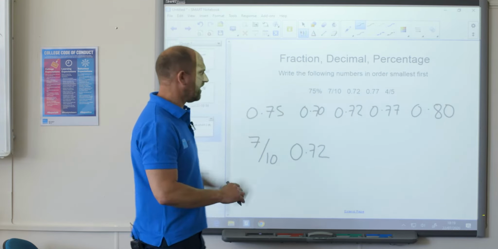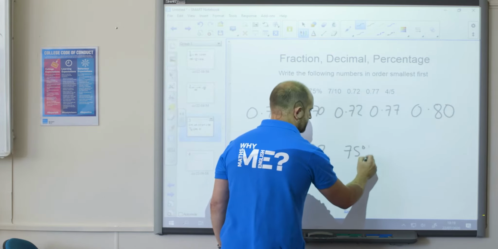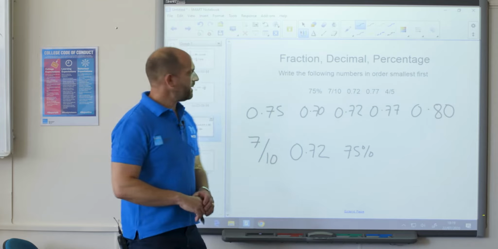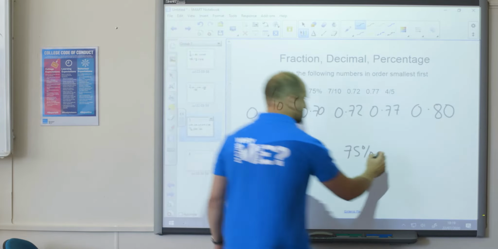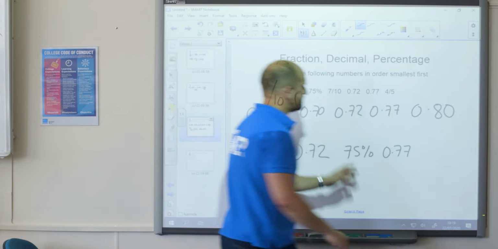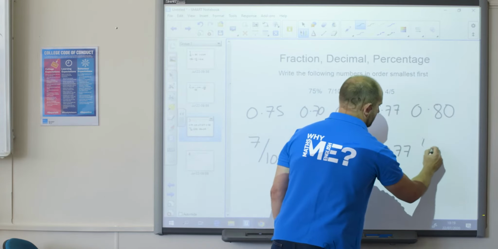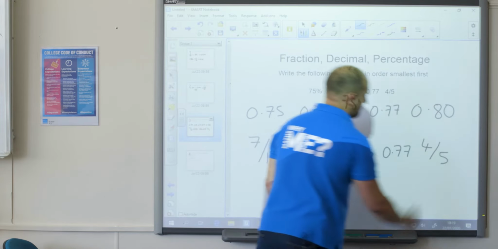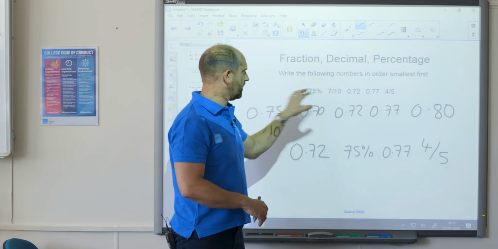Well, that was 75%, so now I'm going to write in 75%. And then back up to 0.77. That was a decimal in the first place, so that just gets written in as the decimal, which leaves me then with 0.80, which was 4 over 5. So there we have it, putting fraction, decimal, percentages in order.